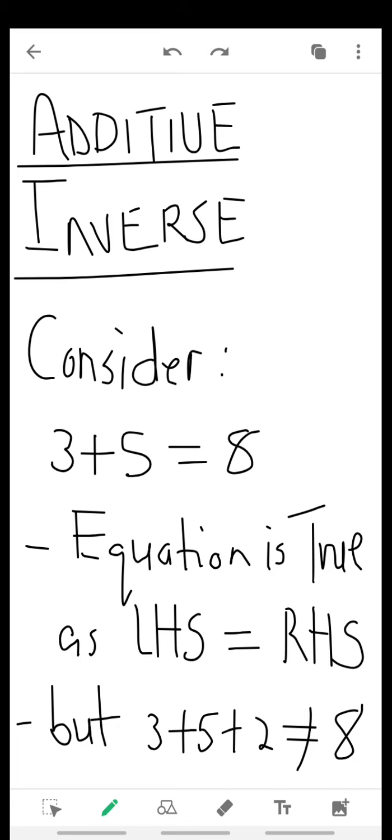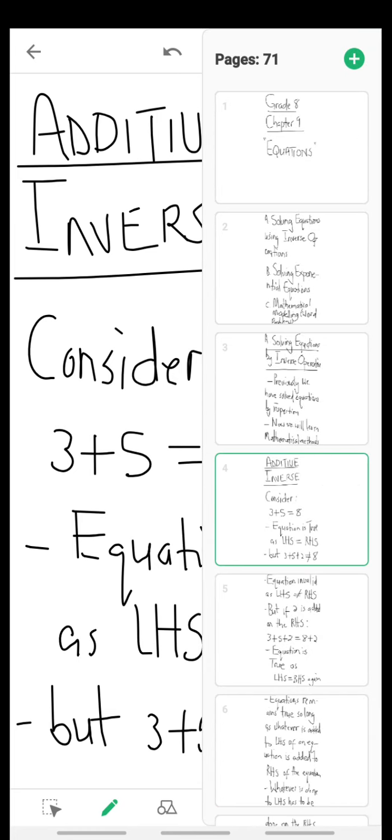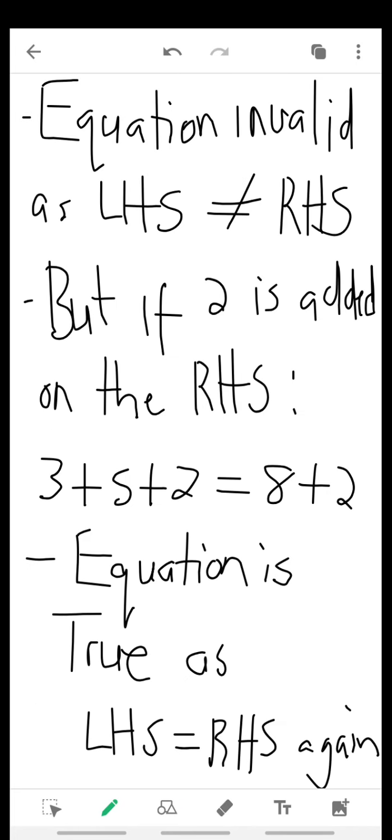Do you notice that now I'm no longer getting 8, but I'm getting 10, and 10 is not equal to 8. So as a result, the new equation is not valid, it's invalid, as the left-hand side is not equal to the right-hand side.